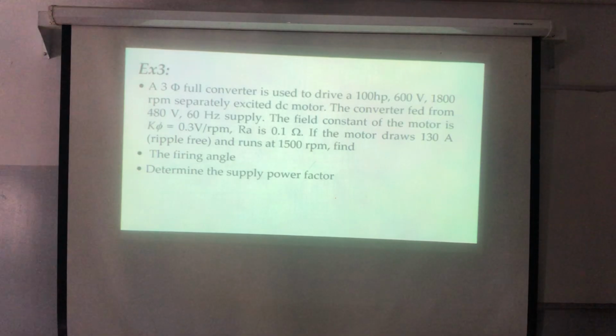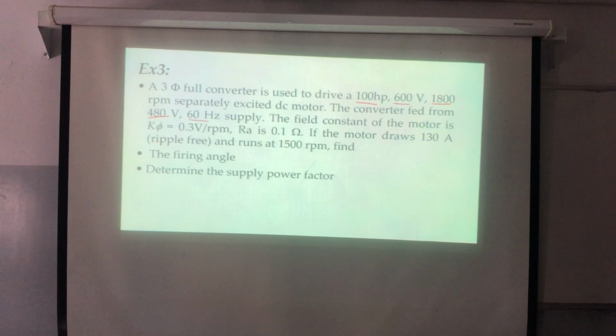Here I have a three-phase full converter used to drive a 100 horsepower, 600 volt, 1,800 RPM separately excited DC motor. The converter is fed from 480 volts line to line RMS, 60 Hz supply.